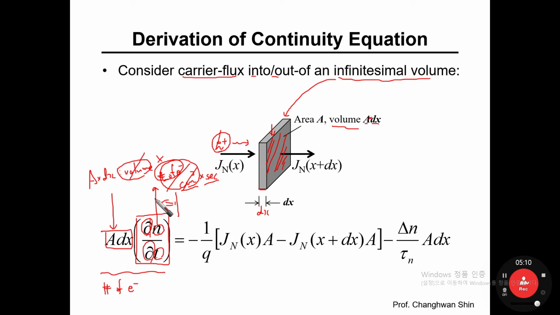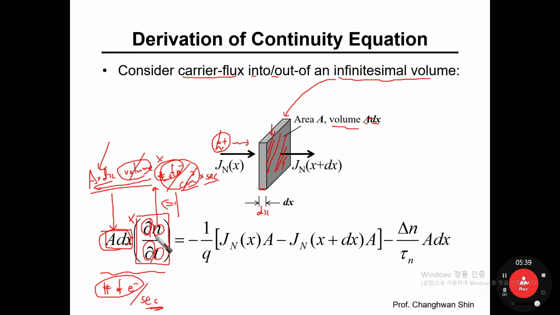Okay, but here the volume that we are interested in is a very small volume, an infinitesimal volume, with the A times dx volume. So if I multiply A dx times dn/dt, it indicates every single second how many carriers are moving.